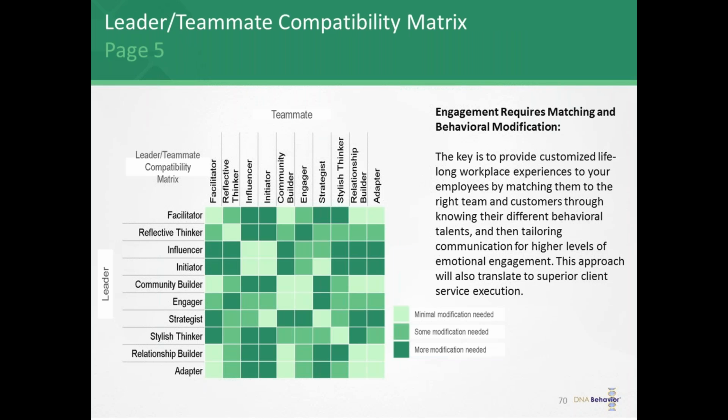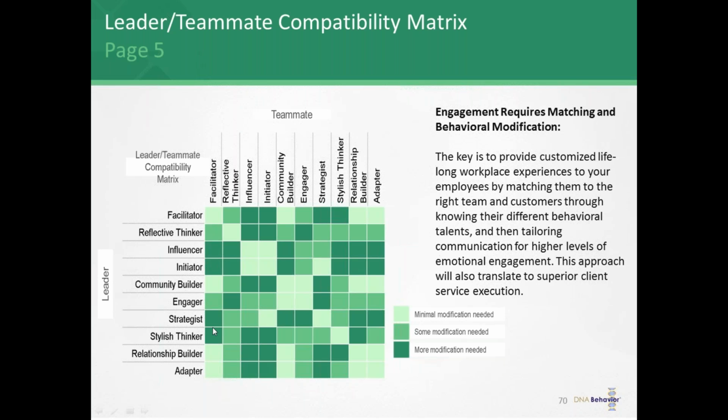And then the leader teammate compatibility matrix is really bringing out from a relationship perspective how each of the styles will connect with each other in terms of building a relationship and what degree of modification is required.